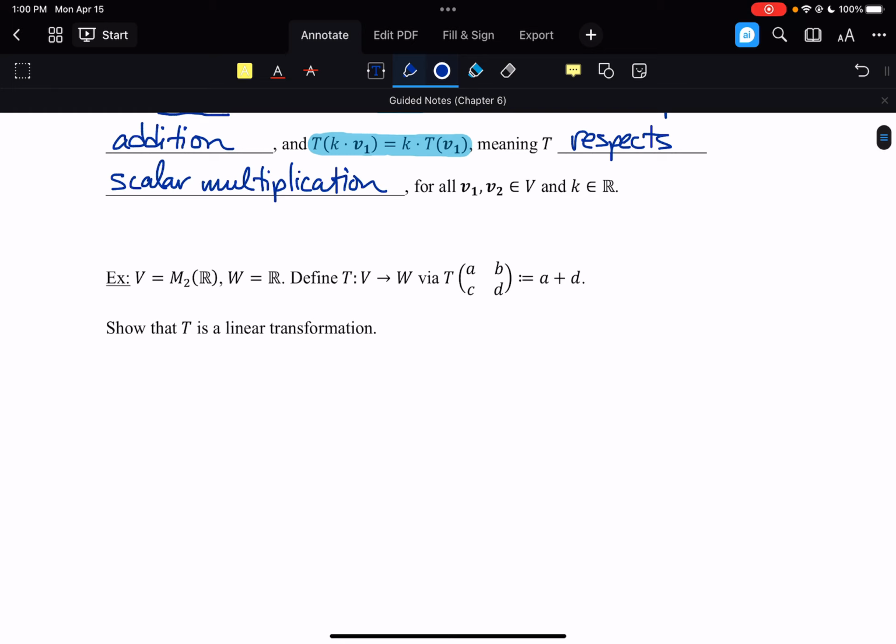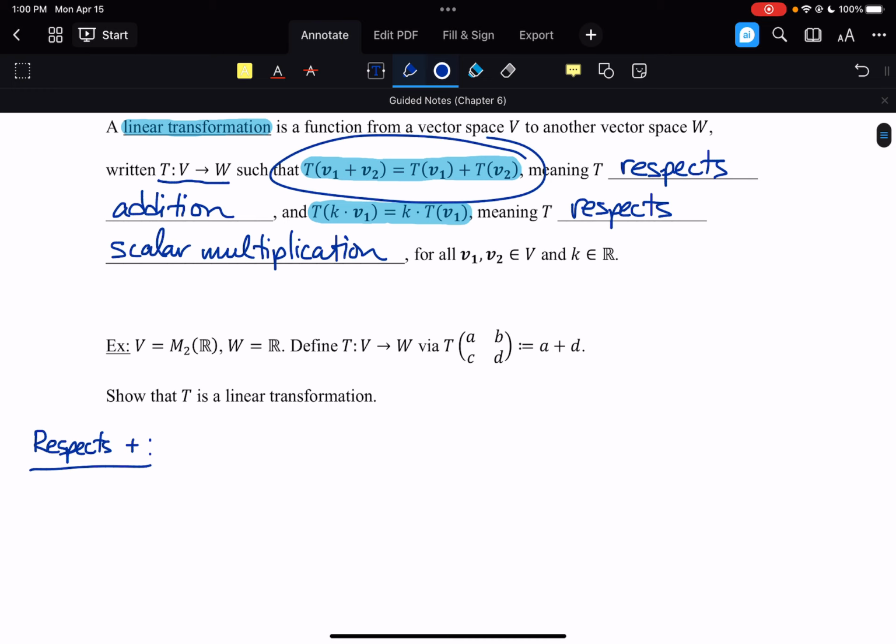So to show that T is a linear transformation, we need to check that it respects addition. We're going to need to establish a couple of vectors in the first vector space, V, and then see if we can show that this relationship holds true.